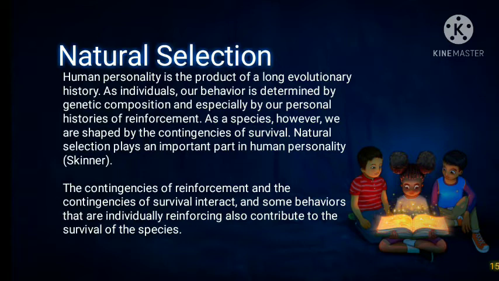The contingencies of reinforcement and the contingencies of survival interact, and some behaviors that are individually reinforcing also contribute to the survival of the species. So for example, sexual behavior is generally reinforcing to an individual and has a natural selection value. Kaya katong individuals na kusog og arousal sa sexual stimulation, sila pod most likely magka-offspring nga naasay similar patterns sa behavior.